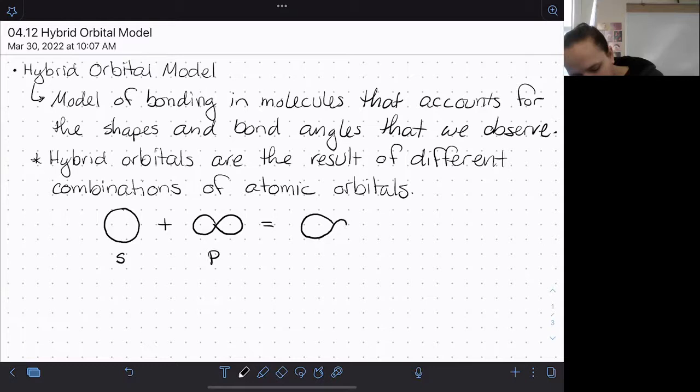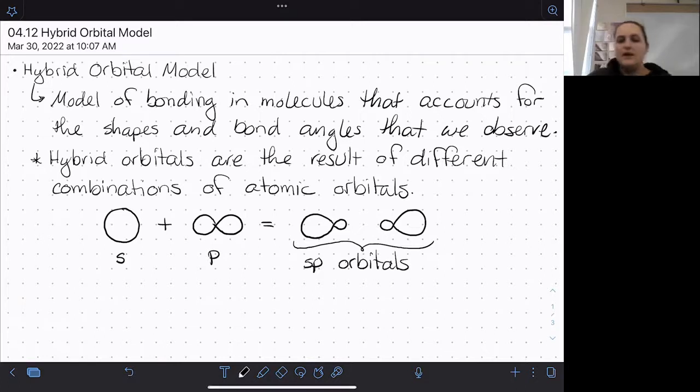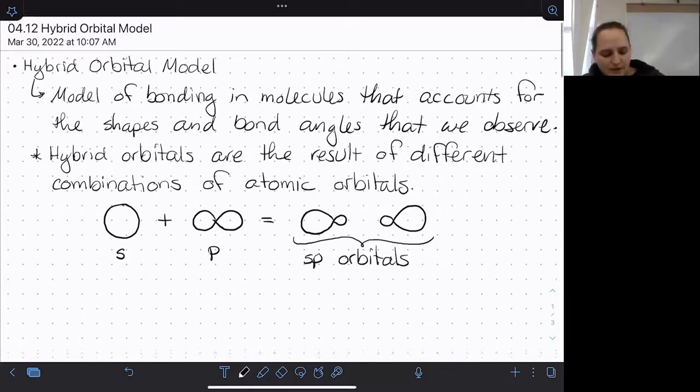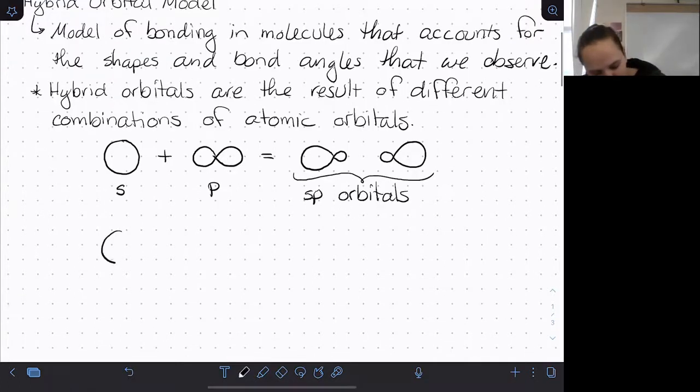They have a big end and a little end, and they point in opposite directions. So these would be known as sp orbitals.